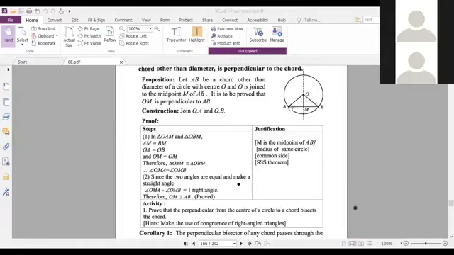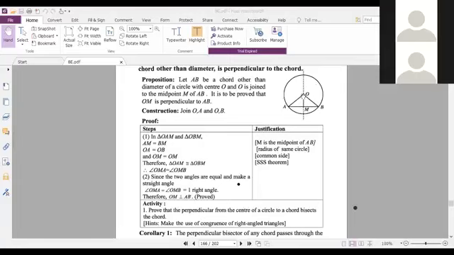And AM is equal to BM because M is the midpoint of AB. And OM is equal to OM because this is the common side of these two triangles.